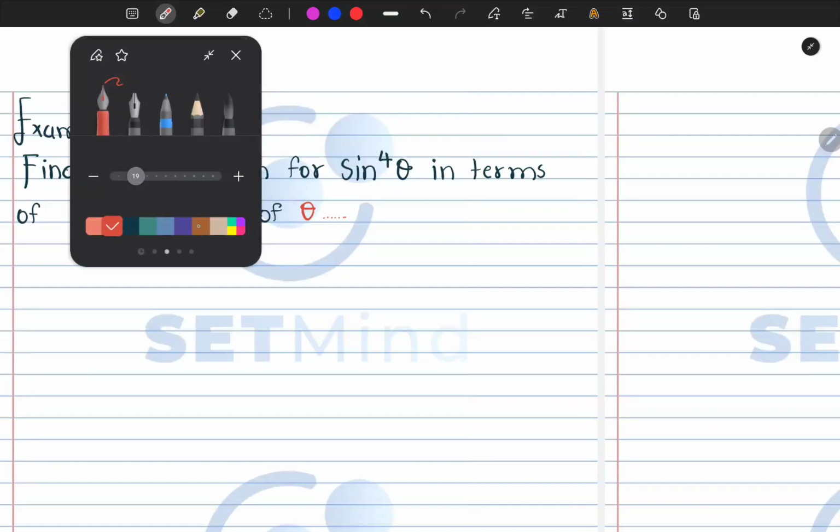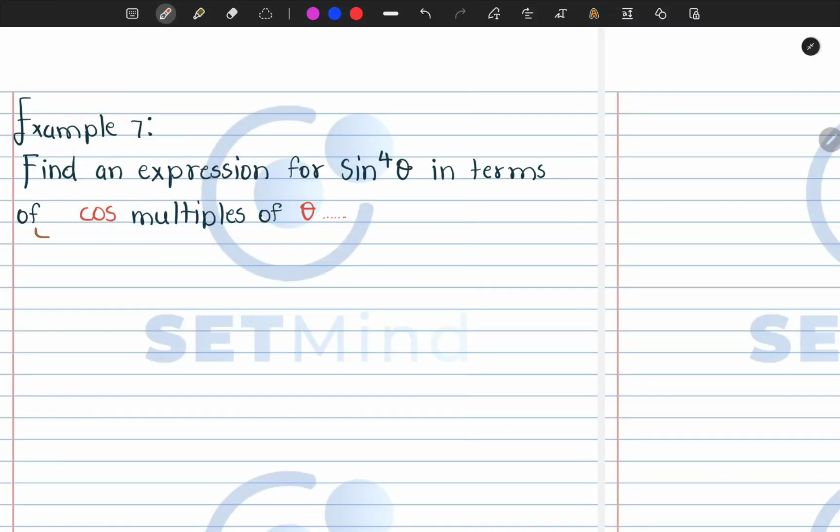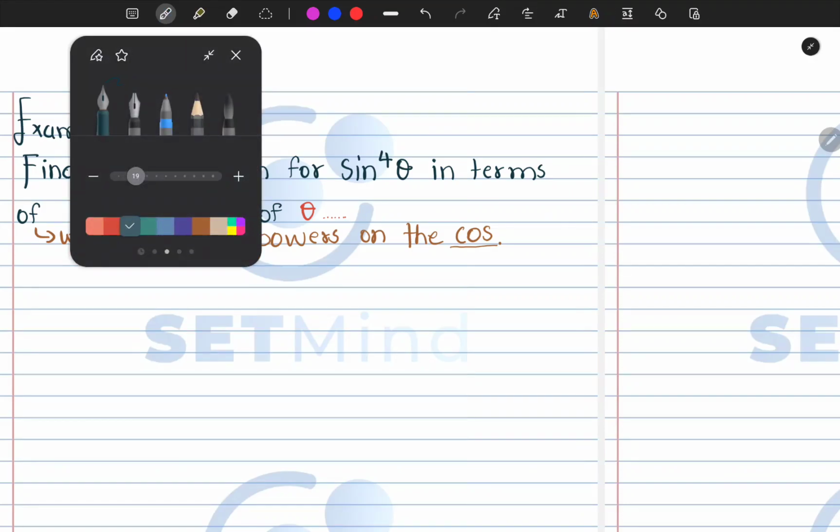So essentially, if I can paraphrase this, we don't want powers on the cos. Meaning we don't want to see a squared or a cubed. We should simplify this sine theta all to the power of 4 until it's written just in terms of cos and angles, where there's no power at the top of the trig ratio.